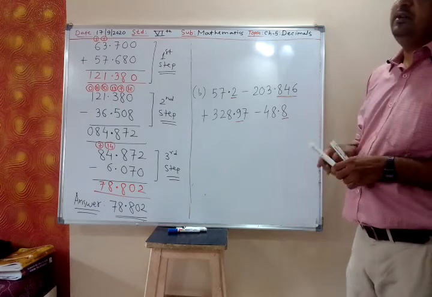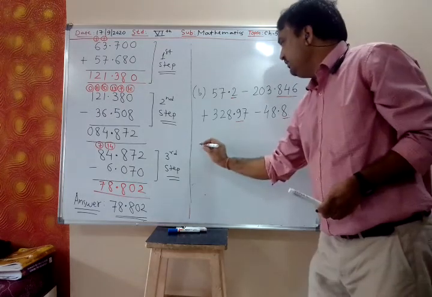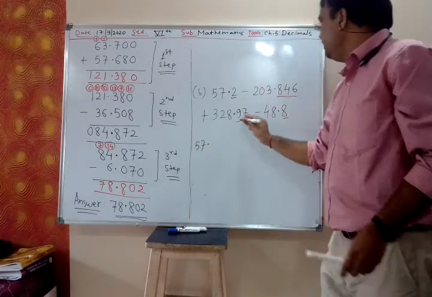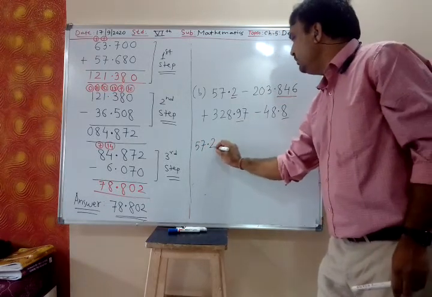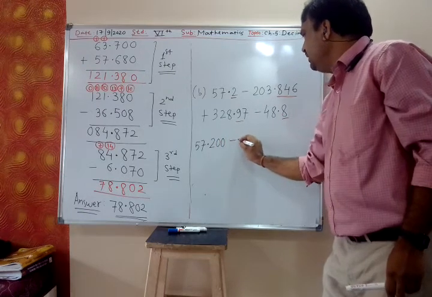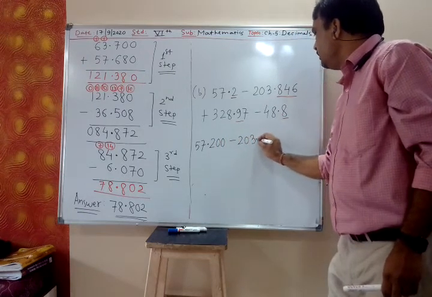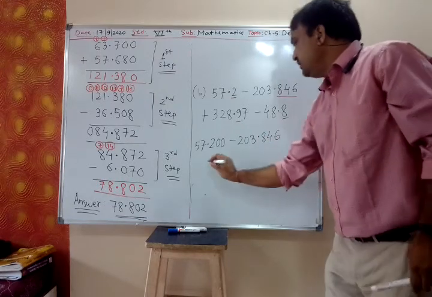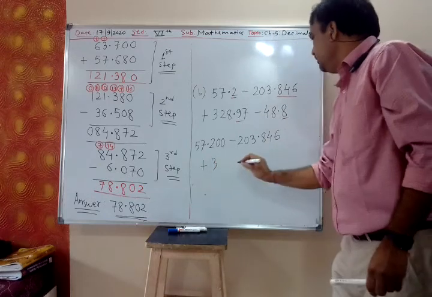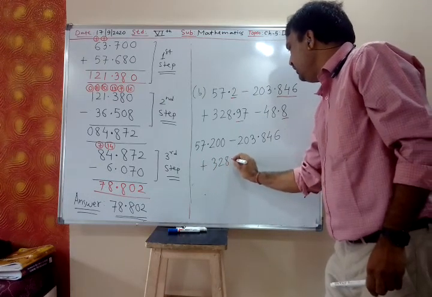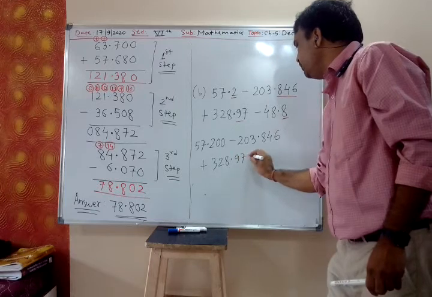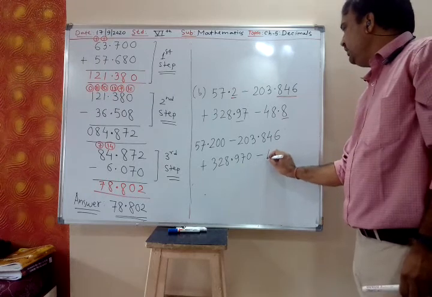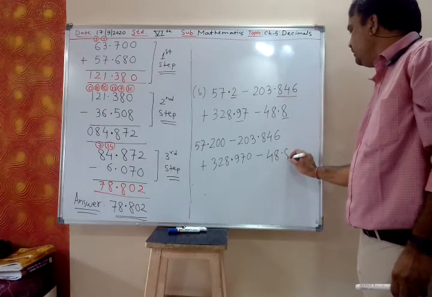So first we convert them into like decimals. The maximum number of digits is 3, so we write 57.200 minus 203.846 plus 328.970 minus 48.800.